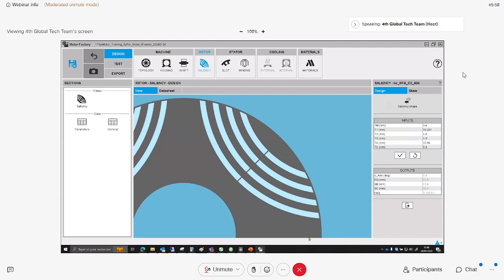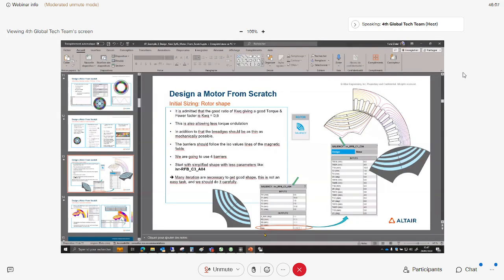It's not an easy task, right? You will have a lot of ping pong to do before having the good one, which is close to 0.6.